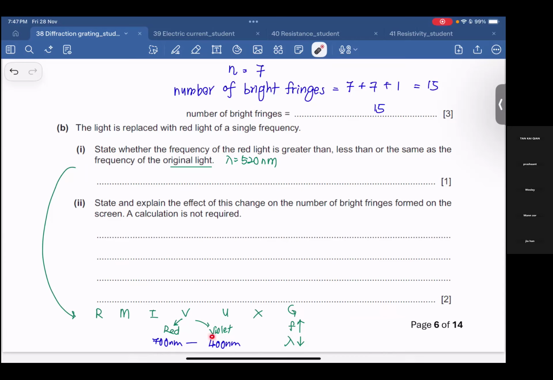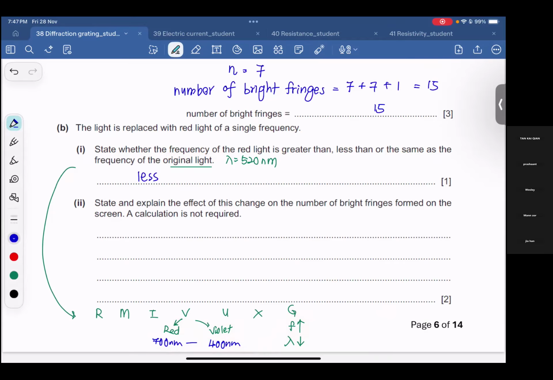So at violet, which is nearer to gamma, the wavelength is shorter but the frequency is higher. Right now, we change to red color. What happens to your frequency? Your frequency should be less, or lower.